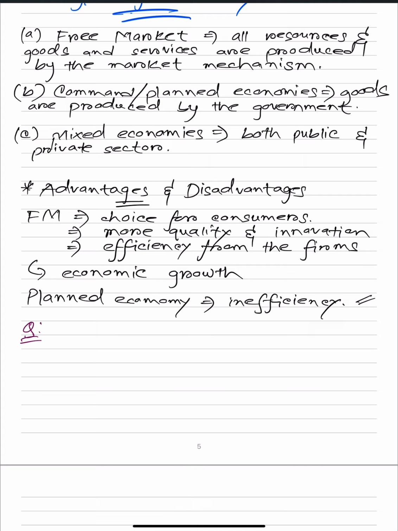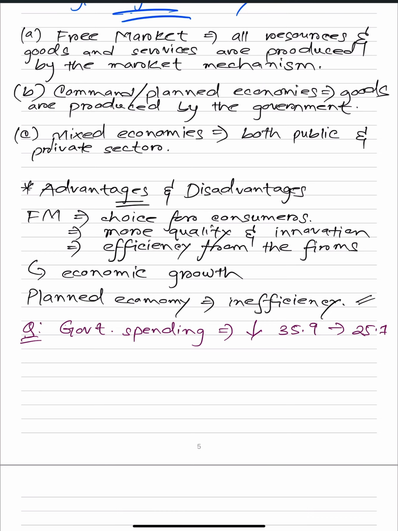It's from one of the past papers. So the question was something like this: in 2007, Ireland's government spending as a percentage of their GDP was 35.9%, and by 2019 it had fallen to 25.1%. So basically, government spending as a percentage of GDP fell from 35.9 to 25.1.